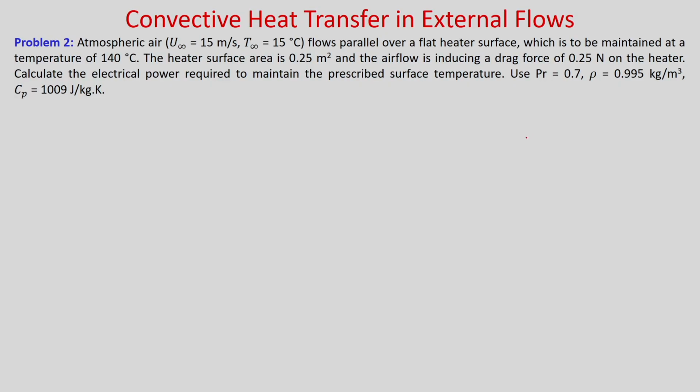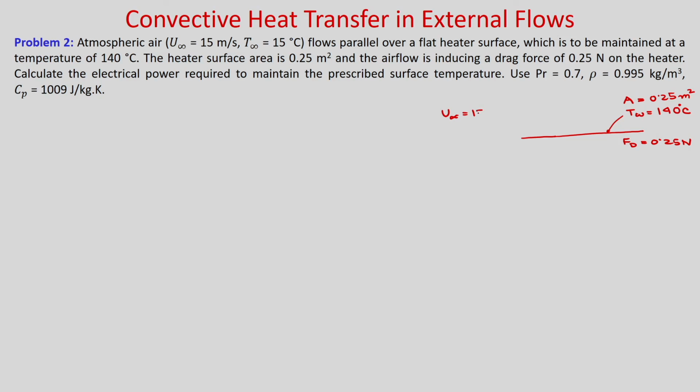So, if you consider the flat plate, the drag force acting on this flat plate is 0.25 Newton, it is given. Your surface temperature Tw is 140 degree centigrade and the area of this plate is given as 0.25 meter square.